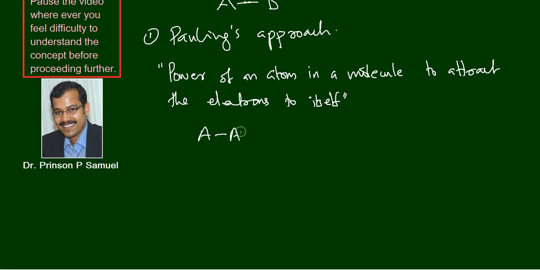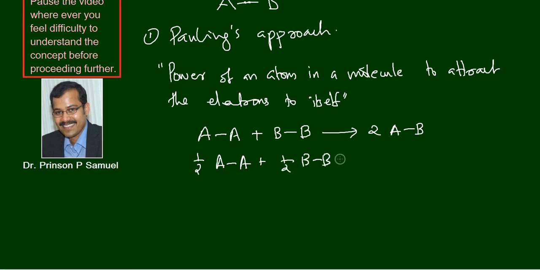So this AA reacts with another homonuclear diatomic molecule, BB, to give 2 moles of AB. Or in another way, we can write it as half AA reacts with half BB to give 1 mole of AB. So in this reaction a new molecule is formed, between the atoms of different elements, A and B.